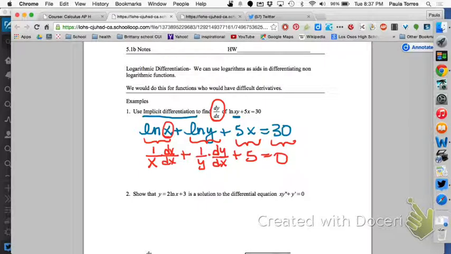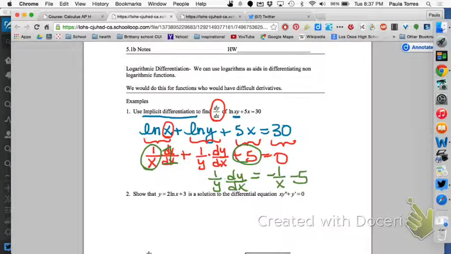And so, of course, I want to get dy/dx by itself. So now I have to start moving some things around. And I don't need this. So I'll move this over, I'll subtract it, I'll move this over. So I'll have 1 over y dy/dx equals negative 1 over x minus 5.